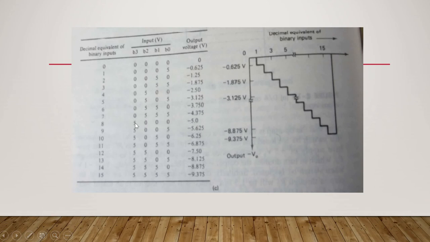See here, V3 is on for the decimal value 8, 1000, and you get the output as minus 5 volt, which we discussed previously. Similarly, you can take any combination of the input and calculate the equivalent analog output. So the input in digital form is converted to analog. This is the operation of your R2R network.